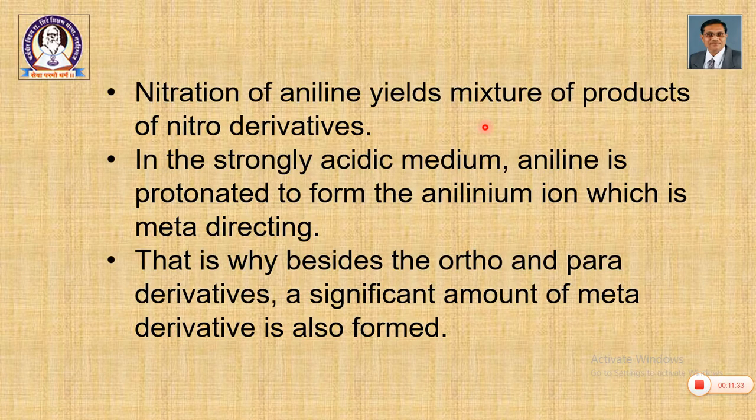Actually, in general we have seen that ortho and para products are there, but in case of nitration we get meta product also. This is because in acidic medium aniline is protonated to form the anilinium ion, which is meta directing. That is why, besides the ortho and para derivatives, a significant amount of meta derivative is obtained during nitration.